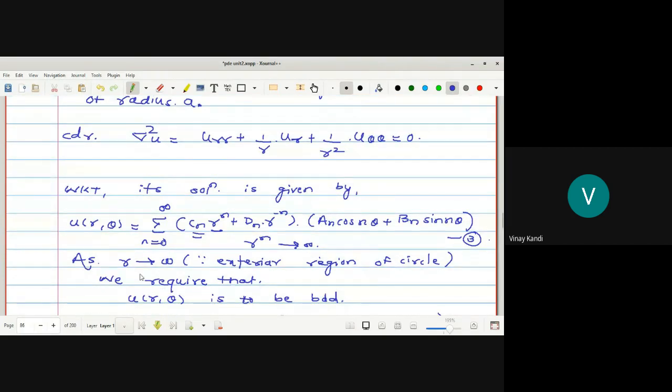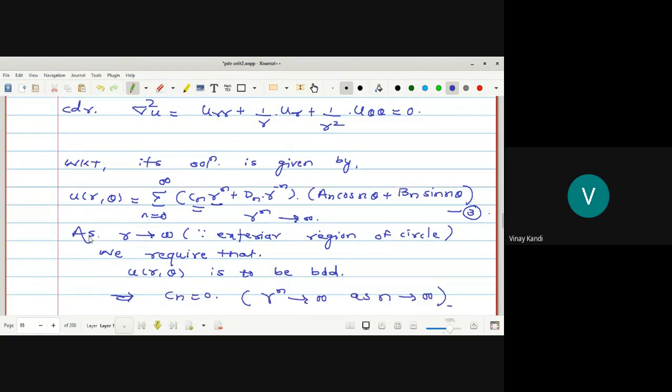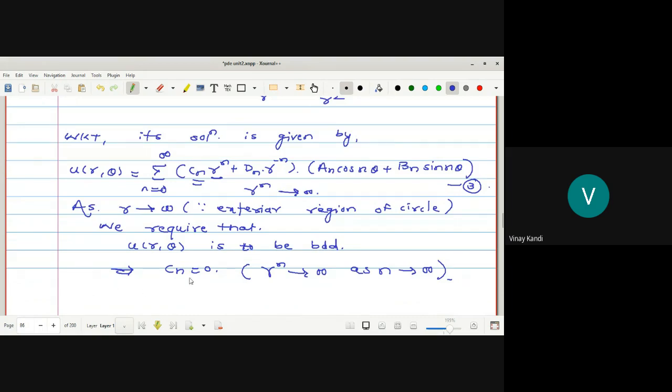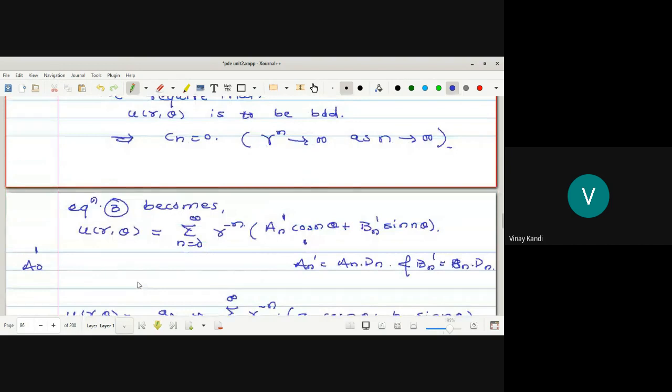If r tending to infinity, r raised to n tending to infinity, that's why this u r theta is not bounded. Okay, so we have this u of r theta is bounded, hence it implies cn must be equal to 0. Okay, so equation 3 we can write this one, u of r theta is equal to this one, a n dash b n dash.